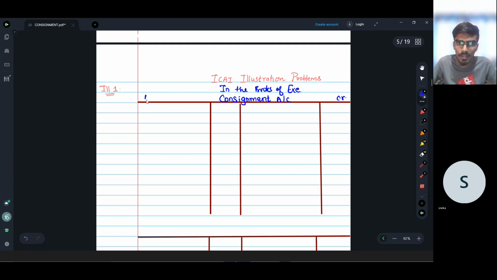Debit, credit, particulars, rupees, particulars, rupees. Then what is the first item they are asking?